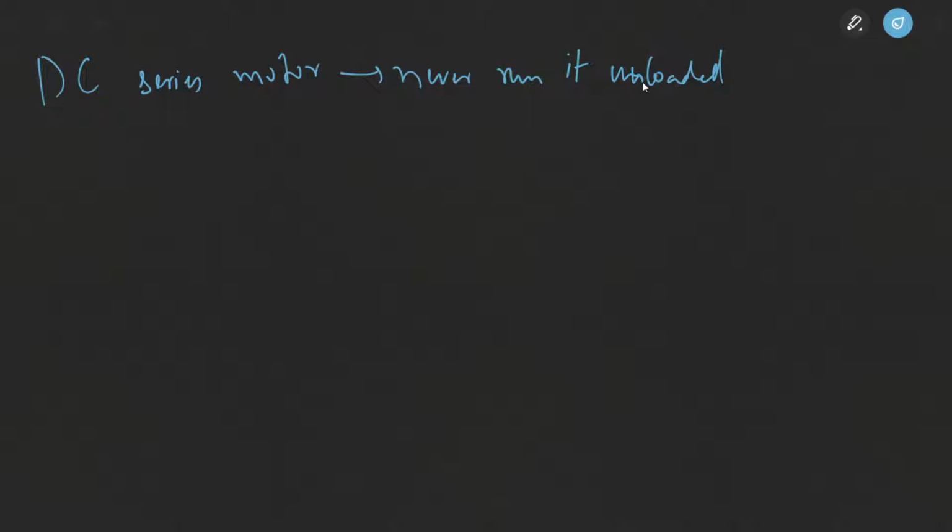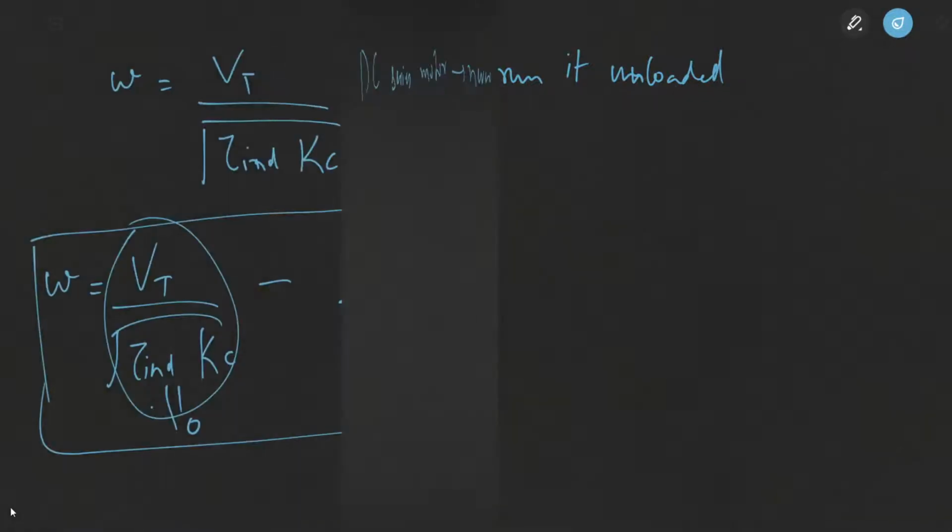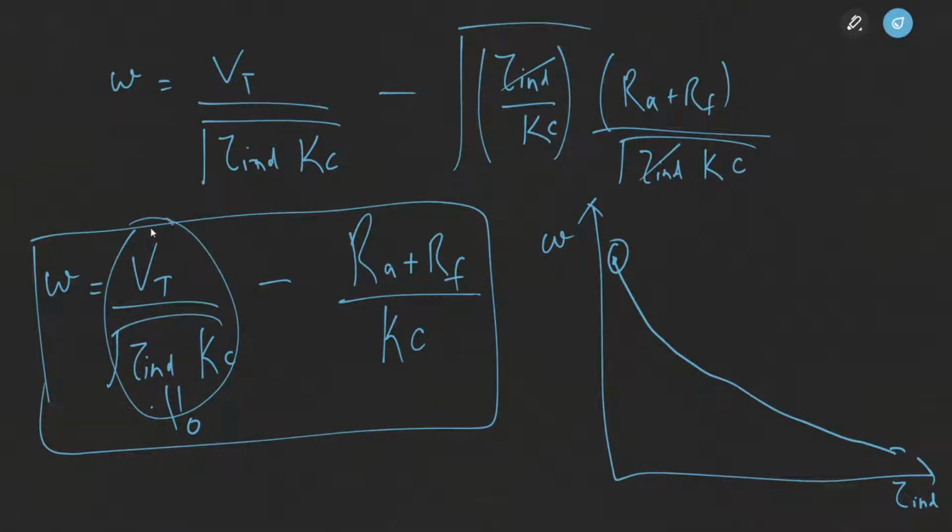Practically, the induced torque will never be exactly 0, because the mechanical bearings of the machine have to overcome the core and friction losses, so some amount of induced torque is always there, but that induced torque will not be sufficient, even if it is only 0.01 of a Newton meter. This value here will be significantly very high. This particular value will be enough to cause damage to a motor.